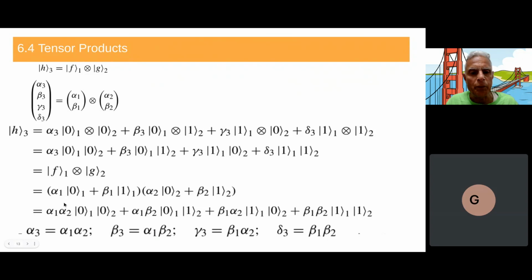We can put it in simpler terms. You can do all this calculation, but at the end of the day we are going to get to a tensor product, not a cross product. In this case, you can take alpha 1 Ket 0 plus beta 1 Ket 1, times alpha 2 Ket 0 plus beta 2 Ket 1. So basically, we are separating the electrons now. Here it was all combined, and here we are separating them out.